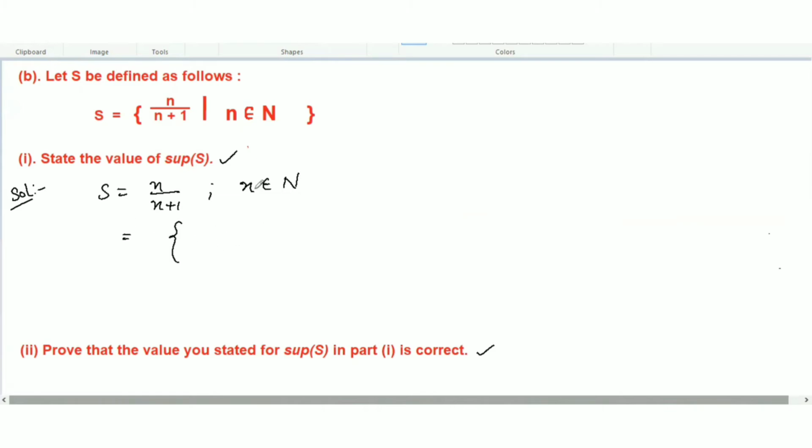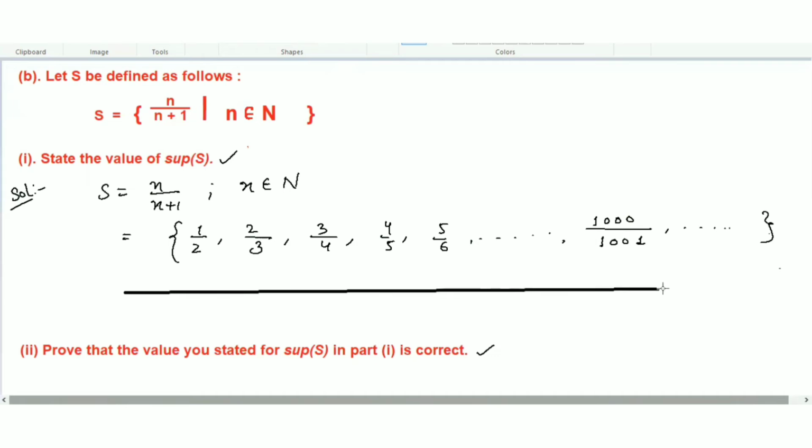First, define the set. Substitute n equal to 1, 2, 3. So the first element will be 1 over 1 plus 1, which is 1 over 2. The second element will be 2 over 3, then 3 over 4, 4 over 5, 5 over 6, and this way it will go. In between, we will get 1000 over 1001, and this way it will go on.